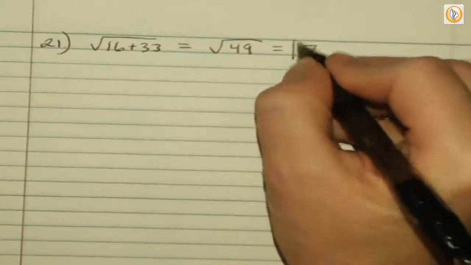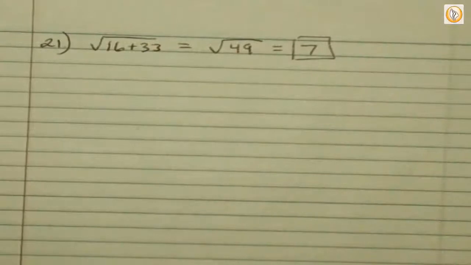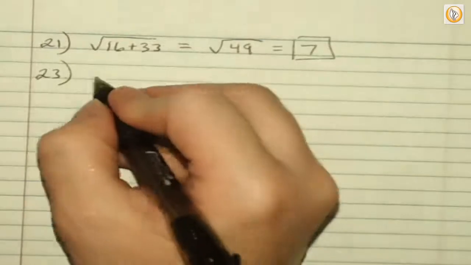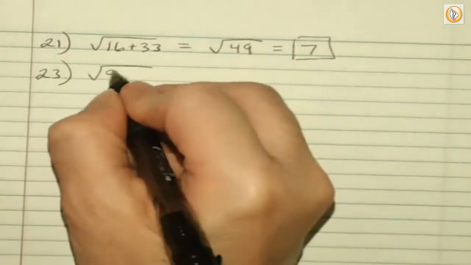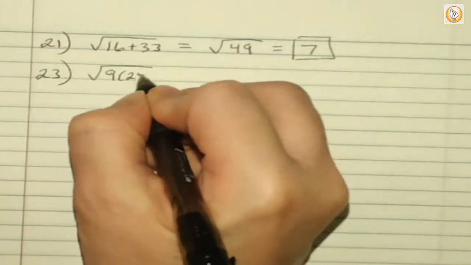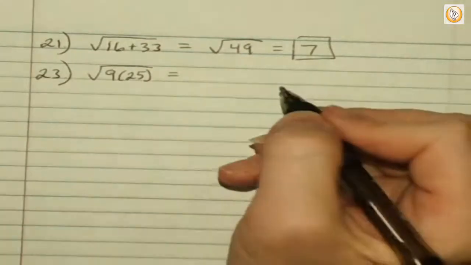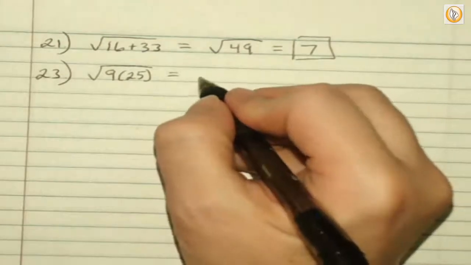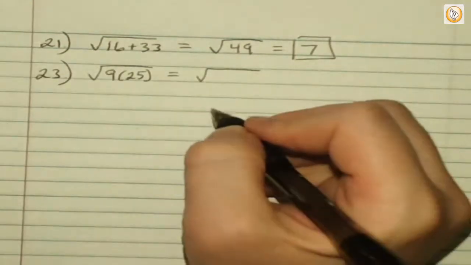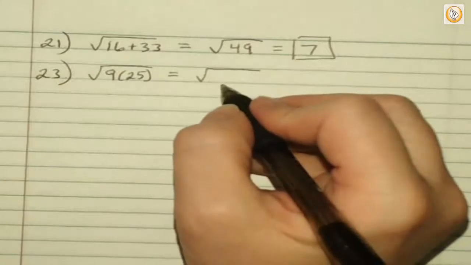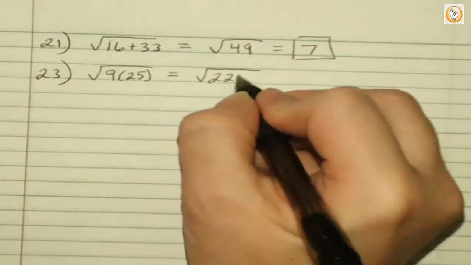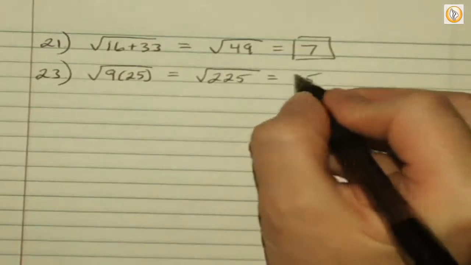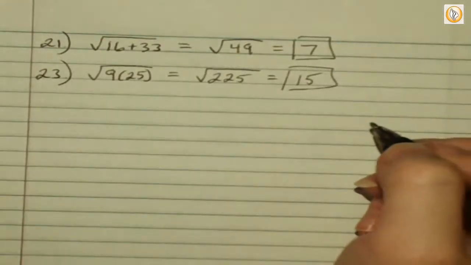Yep. 7 times 7 is 49. Good job. All right, 23. Square root of 9 times 25. What is 9 times 25? 225. And what is the square root of 225? 15. Very good. Any questions so far?